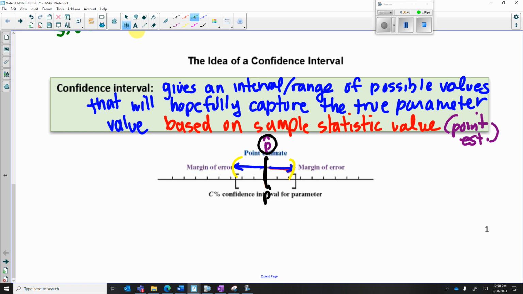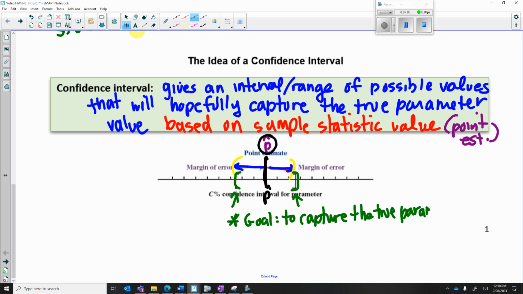So the interval of values will be a certain number from a certain number to a certain number. And then the goal is to capture the true parameter value.